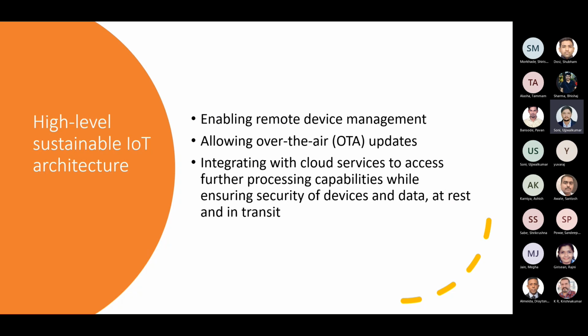Integrating with cloud services to access further processing capabilities while ensuring security of devices and data at rest and in transit. So as I told you, if you use device defender, it's going to make your device highly secure. And in IoT core service, you can also enable certificates. Okay. So the certificates in terms of security.